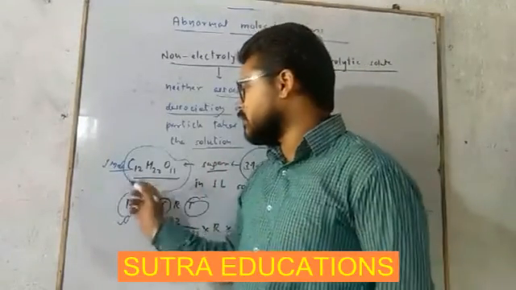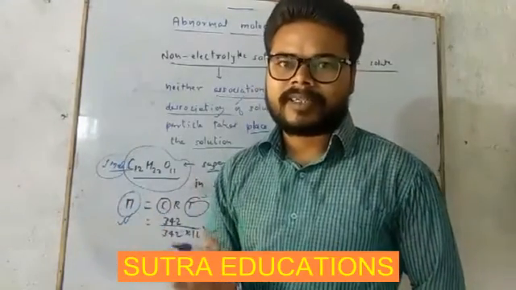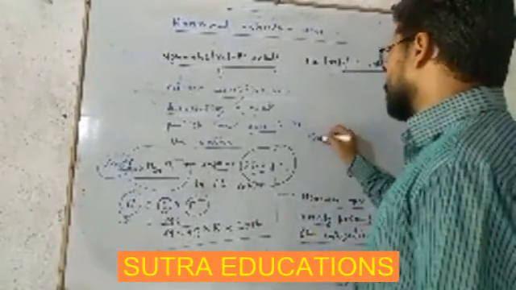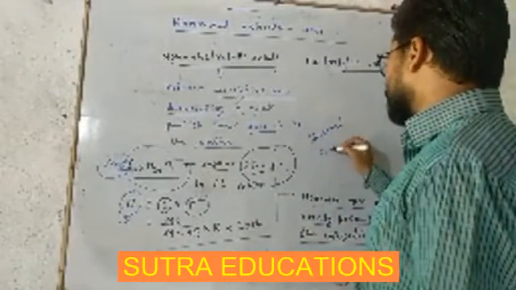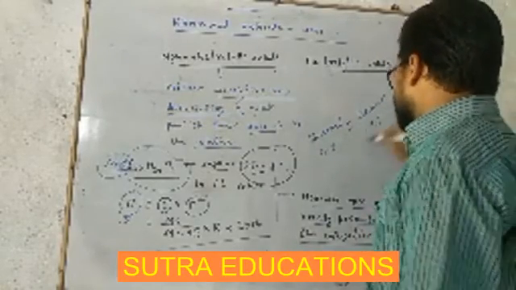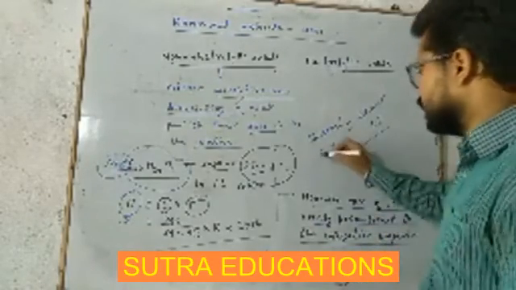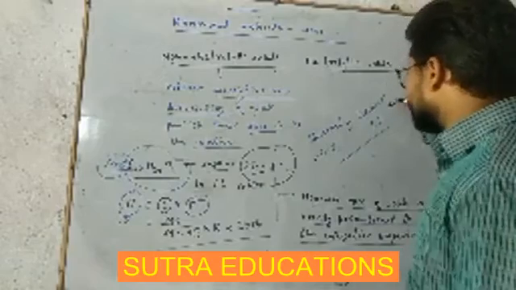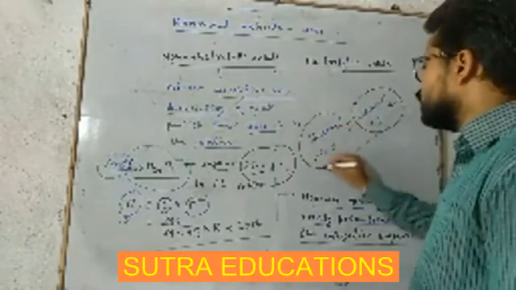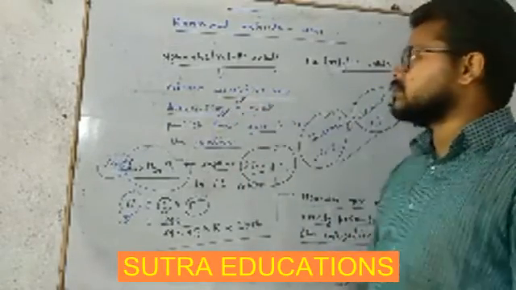So if the number of moles of solute is 1 mole here, then accordingly the colligative property will be calculated. In this case, the observed colligative property will be equal to the calculated colligative property. Getting this now? It means there will be no deviation in the result, as the colligative property calculated theoretically will be equal to the observed colligative property, because neither association nor dissociation is taking place here.